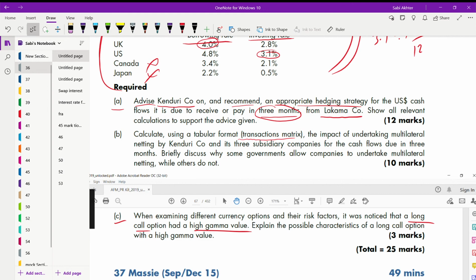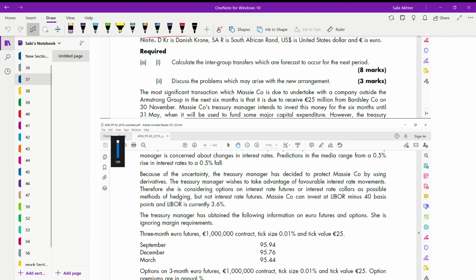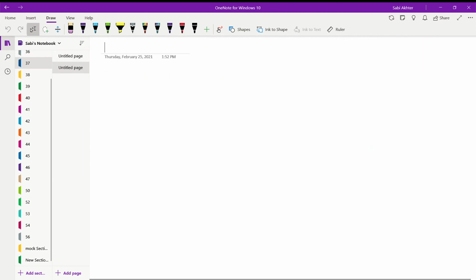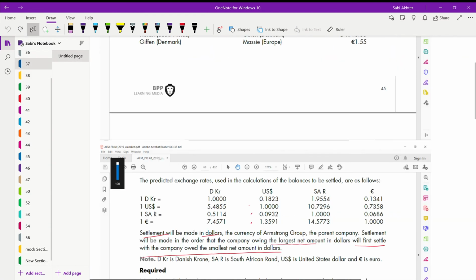So coming to question 37. 37 is a question on interest rate risk management. Right? So I'm going to cover a question on interest rate risk management.